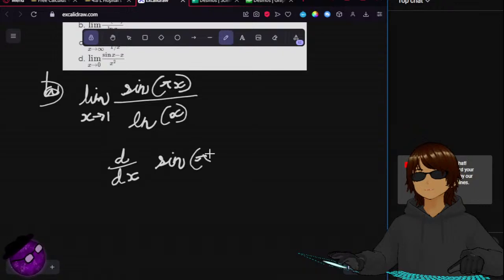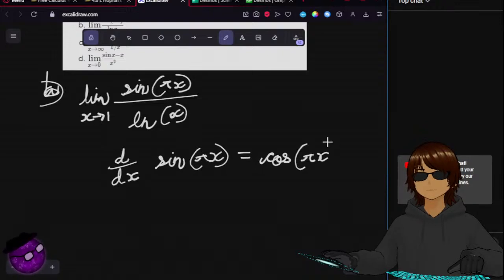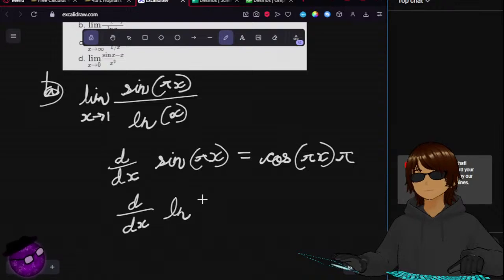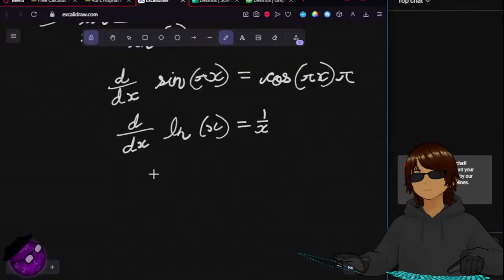The derivative of sine is cos of pi x, and then the derivative of the inside. The derivative of ln of x is 1 over x. And now what?